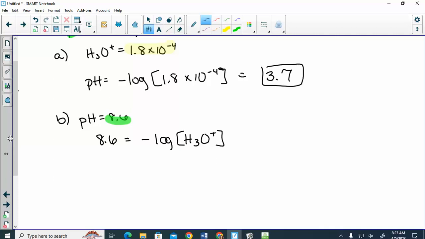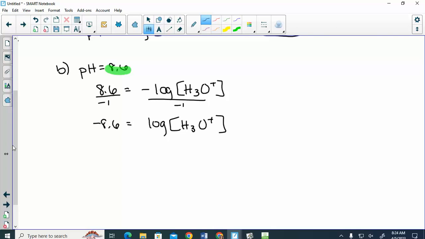So I'm trying to solve for the H3O plus here. What do we do? Have to move that negative over, so if you divide by negative 1 on each side.